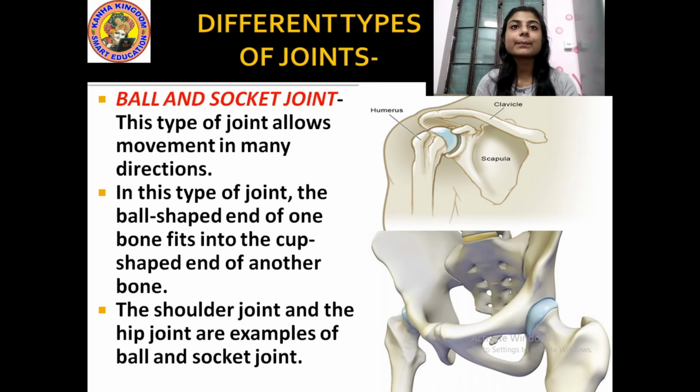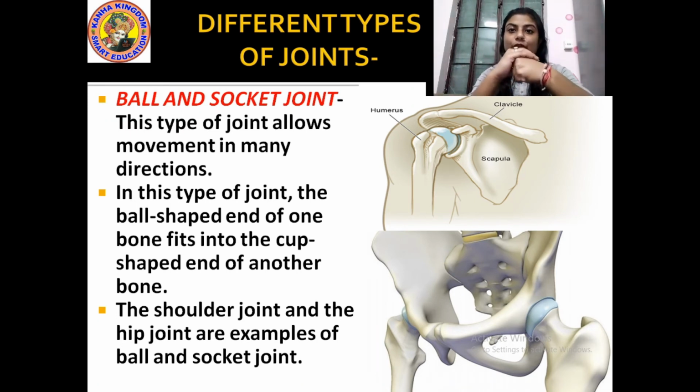In this type of joint, the ball-shaped end of one bone fits into the cup-shaped end of another bone. Suppose this is the round shape of the bone and this is the cup shape of the bone. It gets fixed into it together. That is ball and socket.